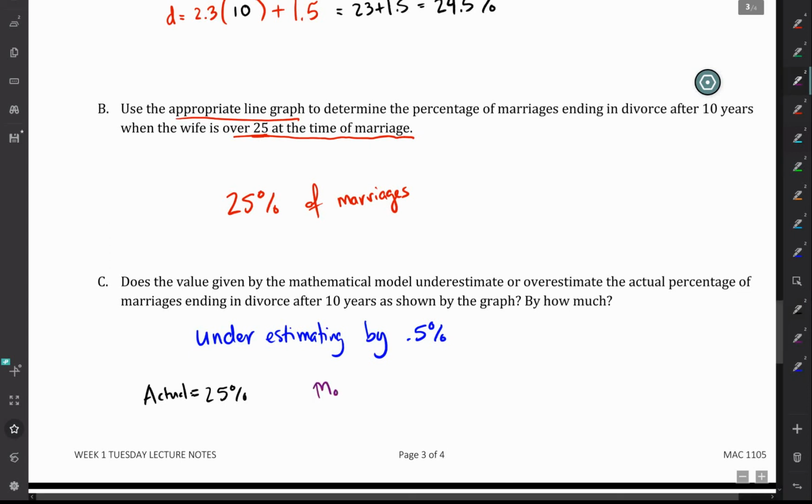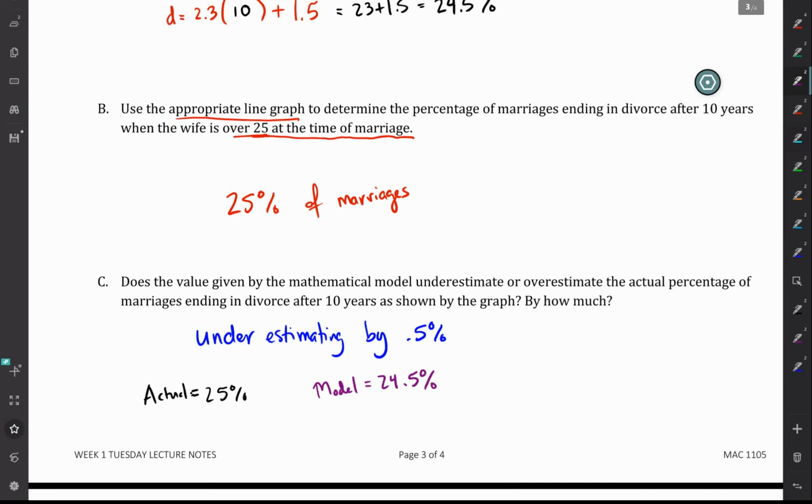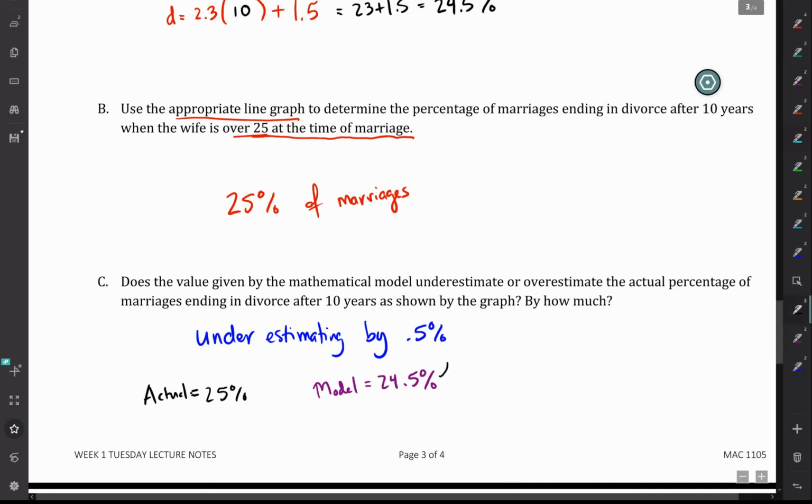So the model is under the actual amount by half a percentage point. So that's how I got this. This number right here, 25%, is the actual, minus 24.5% gives me 0.5%, which is the error.